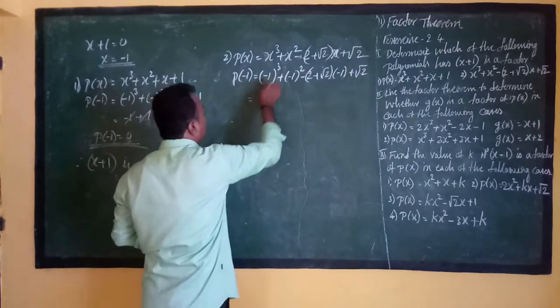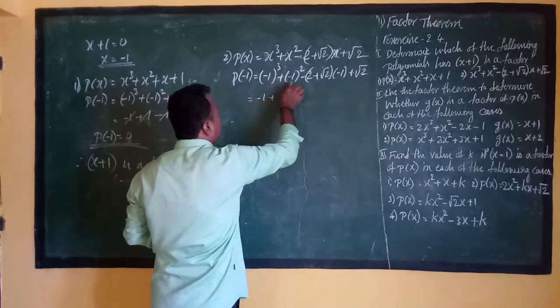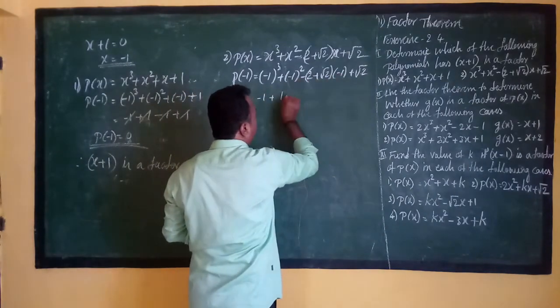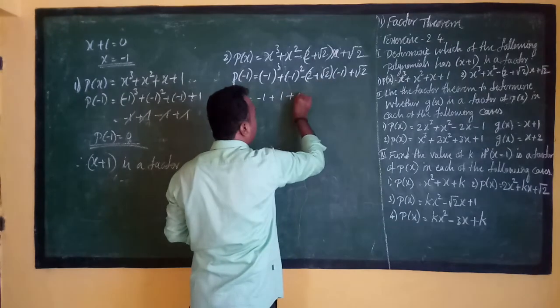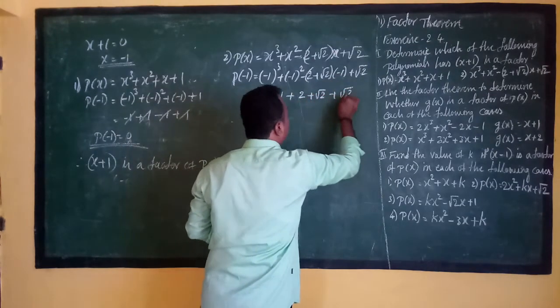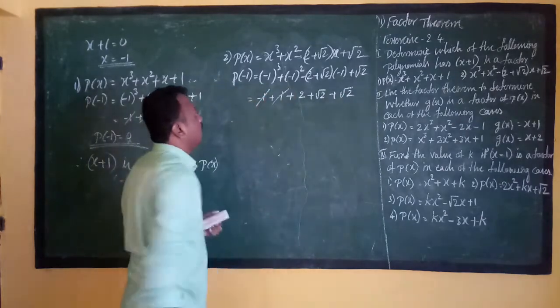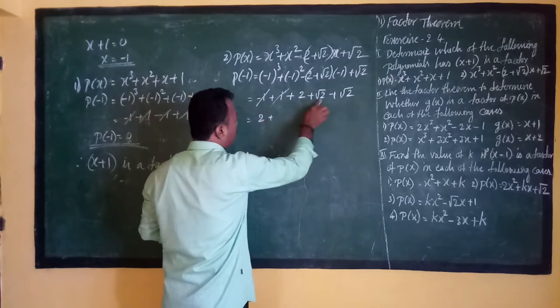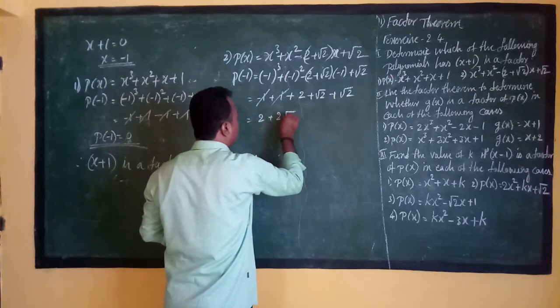Minus 1 whole cube means minus 1, minus 1 whole square means plus 1. Minus into minus we have to multiply, plus 2 into 1, 2 plus root 2 plus of root 2. Minus 1 plus 1 get cancelled. So remaining here 2 root 2 plus root 2, 2 root 2.